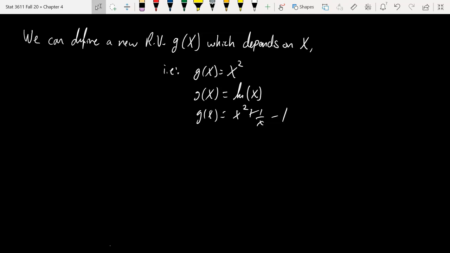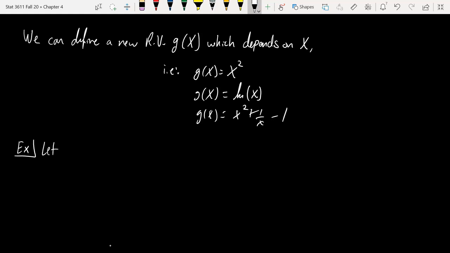And why we are mentioning this at this juncture is because we can talk about the expectation of this new random variable. I'll illustrate that through an example. Let's take that standard 6-sided die roll yet again.